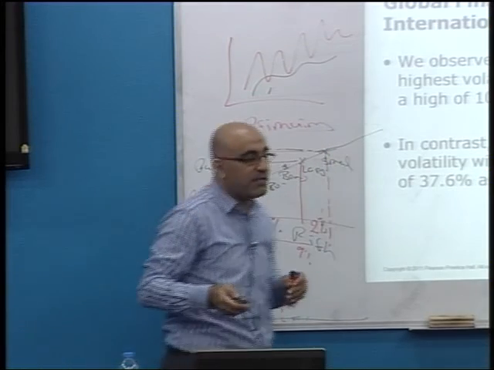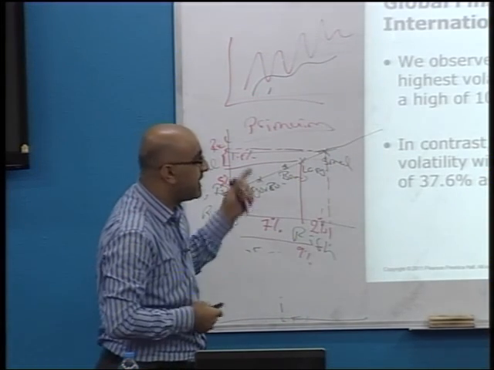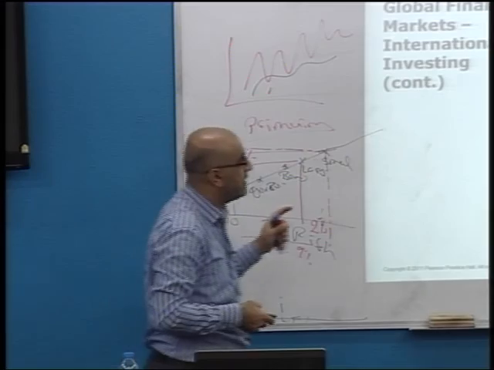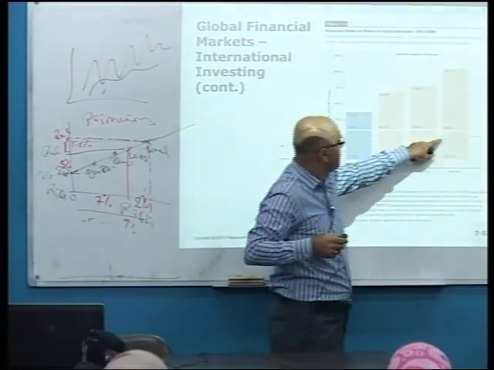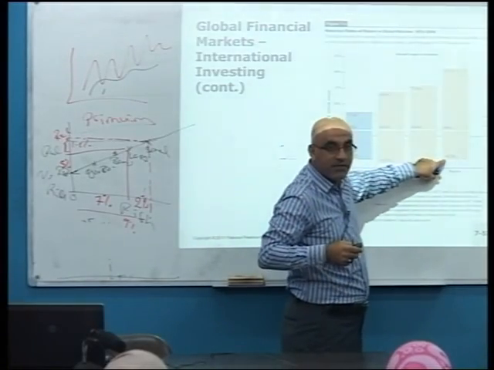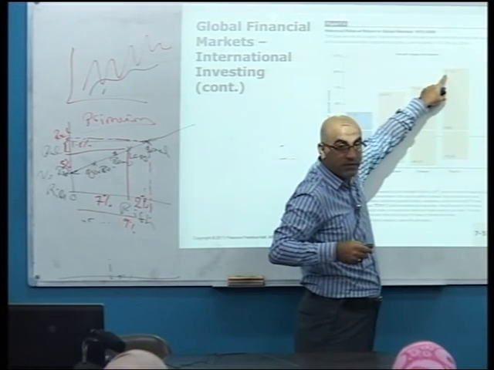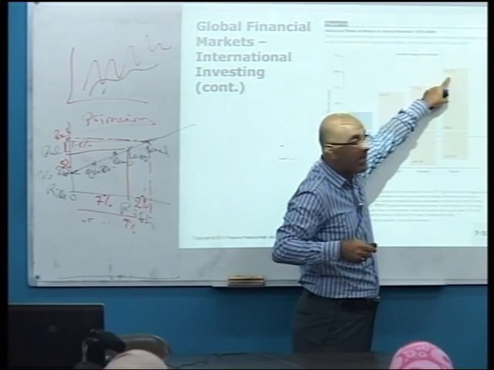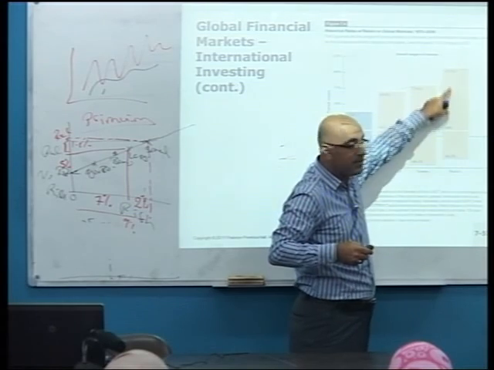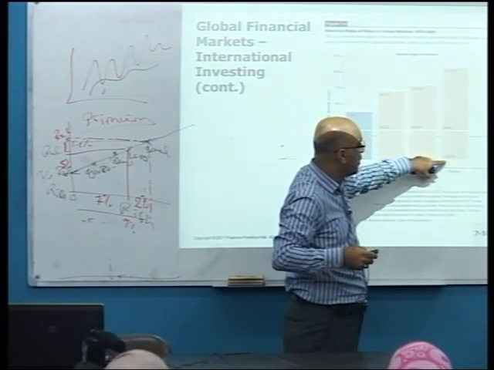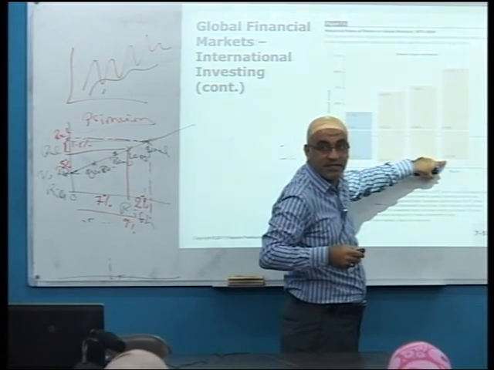For the global financial markets, we observe that Pacific stocks had the highest volatility. Look here: the volatility ranges from minus 36% to 100%. So you can make 100% or over, or you can lose 36%.